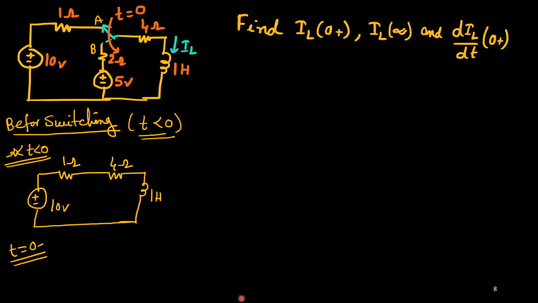Okay, so let us see what will happen. So this 1 and 4 I can combine. 1 and 4 is 5 ohm. So these two I can combine. This is this one, and this is the source, 10 volt.